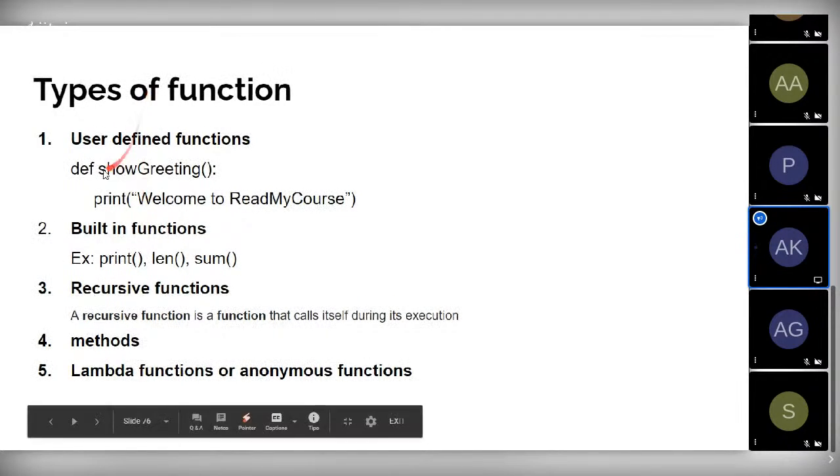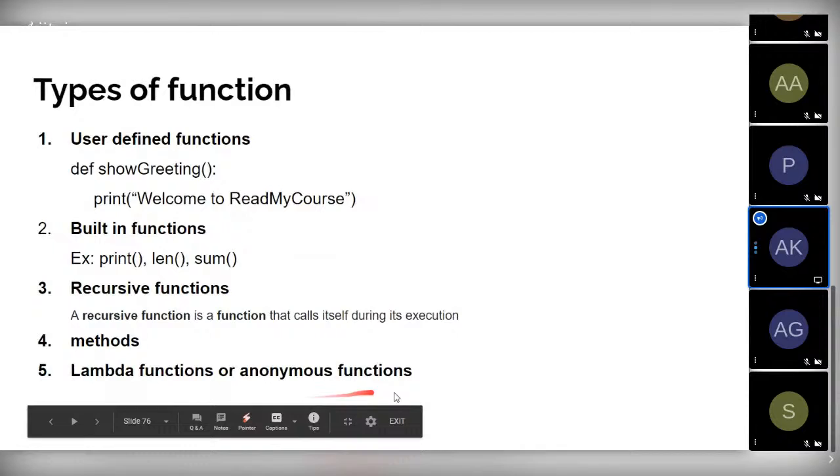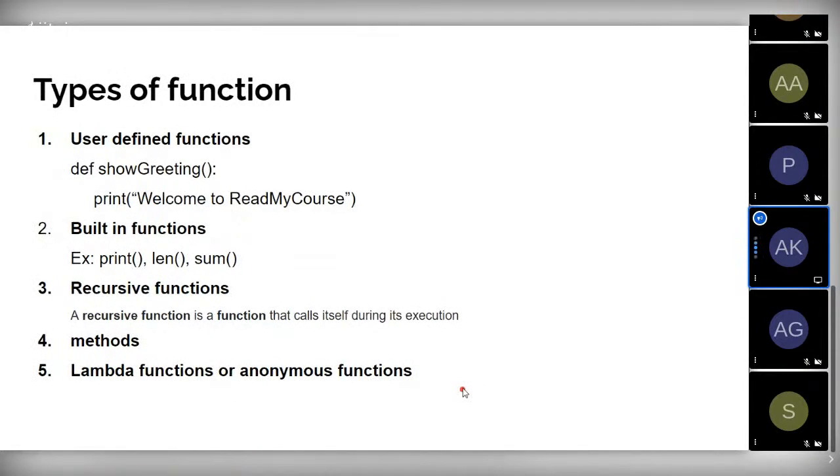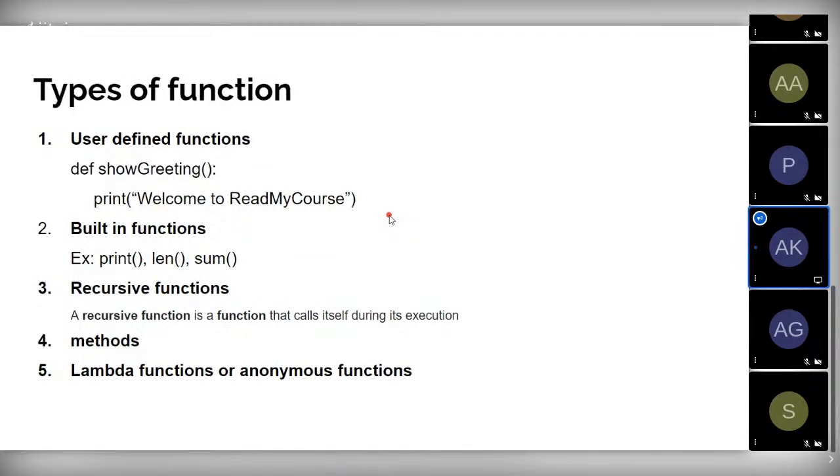So you can see that this is not a lambda function, and this is not a lambda function, because it is defined in two lines, but a lambda function will be defined in a single line. So you can differentiate between the two by checking if it is written in a single line. If it is written in a single line, then it will be a lambda function, and if it is not written in a single line, then it will not be a lambda function.